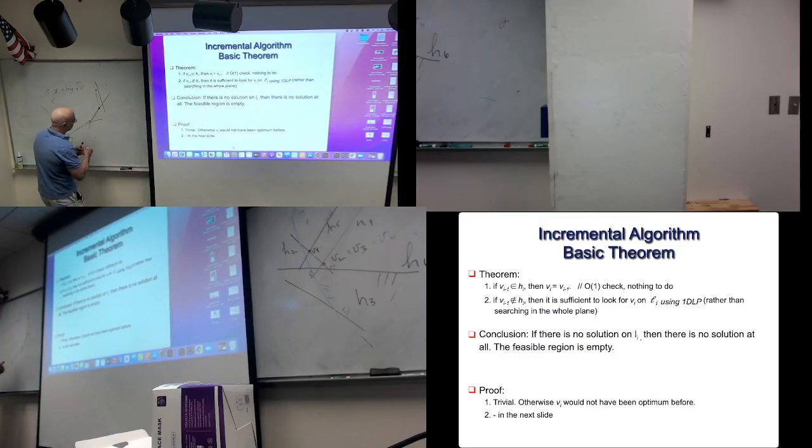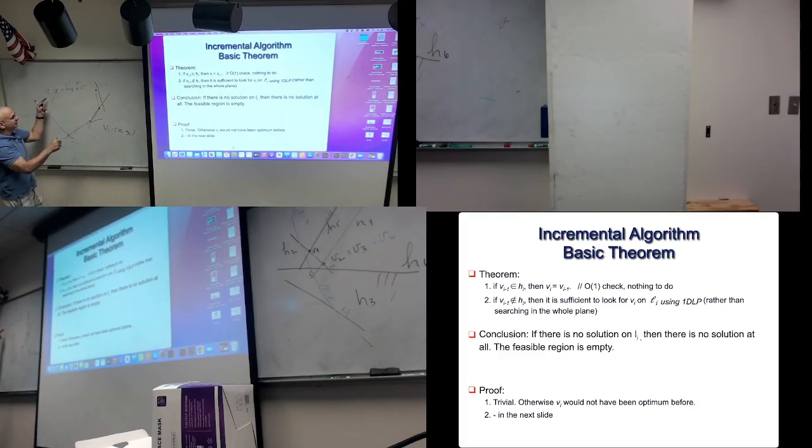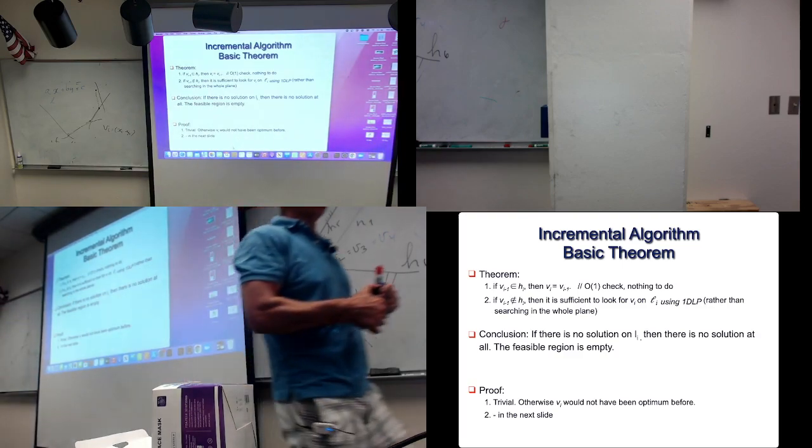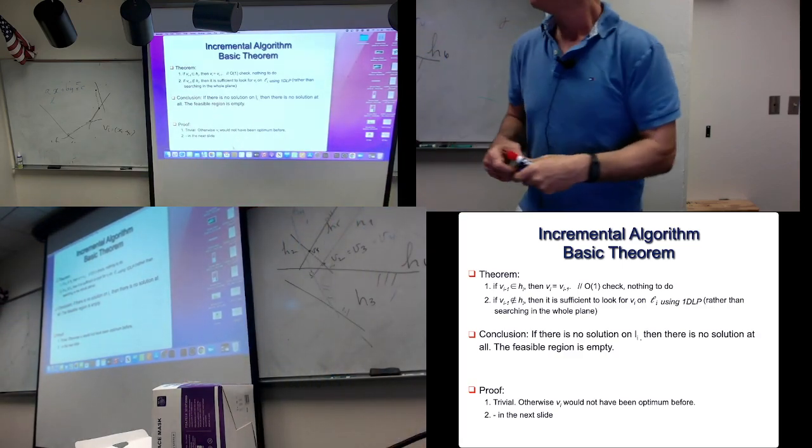I have Vi, some xi, yi. I have the half planes given in this notation. Just put xi here, yi here, and see if it's satisfied or not. So it's a constant amount of work.